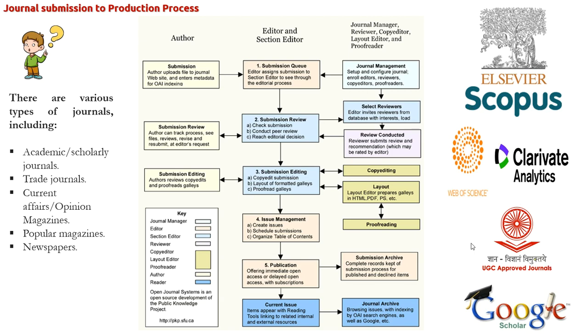After publication, every article comes under Google Scholar. Generally there are different types of journals: academic or scholarly journals, trade journals, current affairs and opinion magazines, popular magazines, newspapers, whatever it may be.